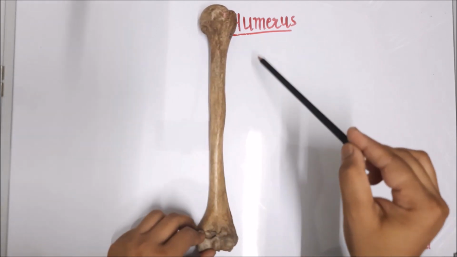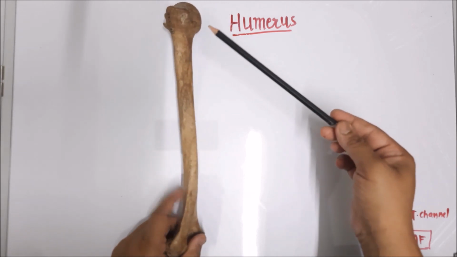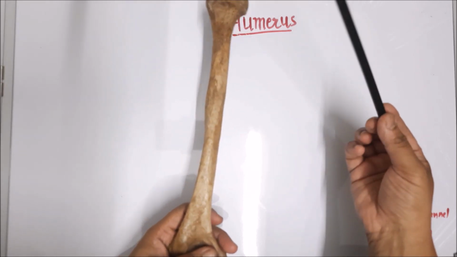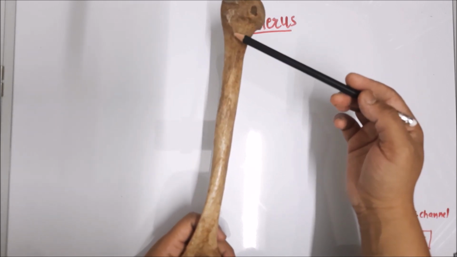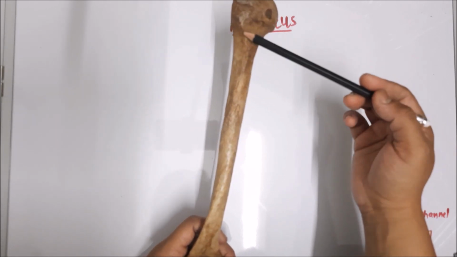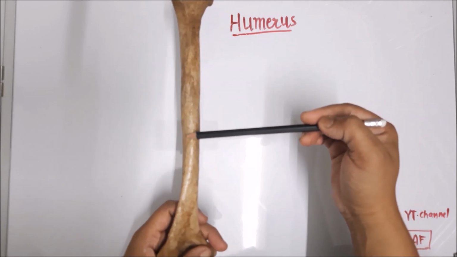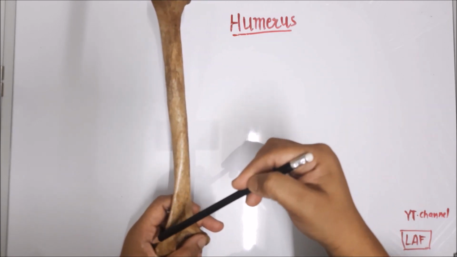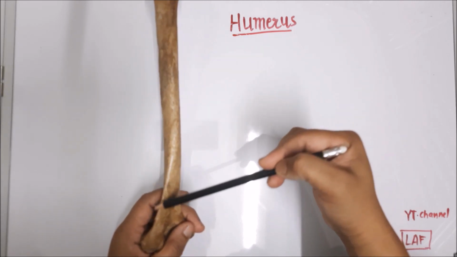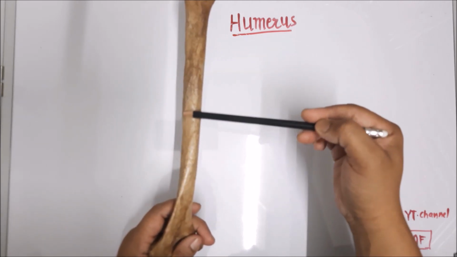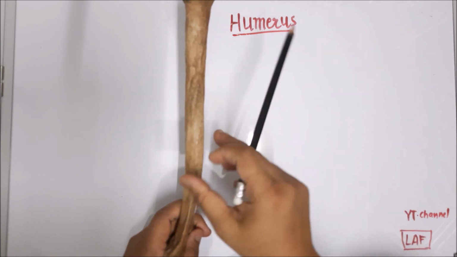This is the medial border. The border which is not markedly defined, is interrupted and rounded, is known as the lateral border of the humerus. Below, it continues as a lateral supracondylar ridge. Okay.